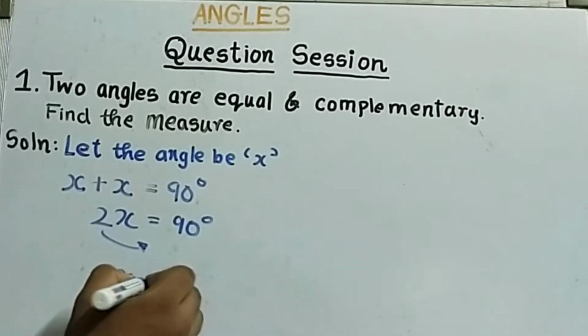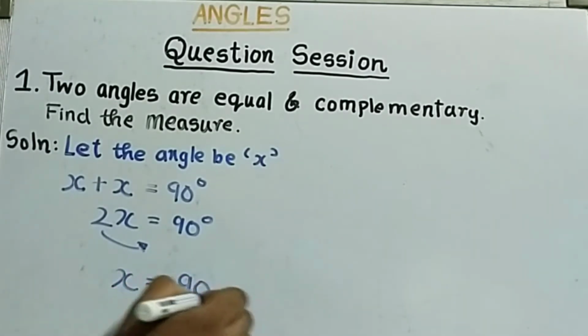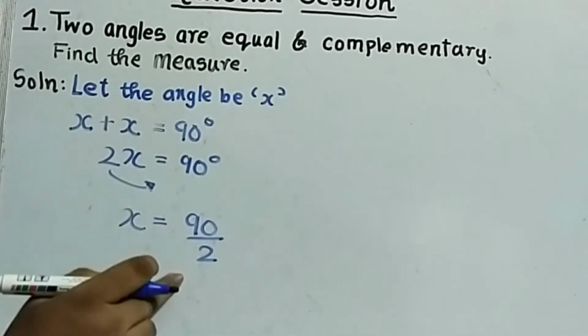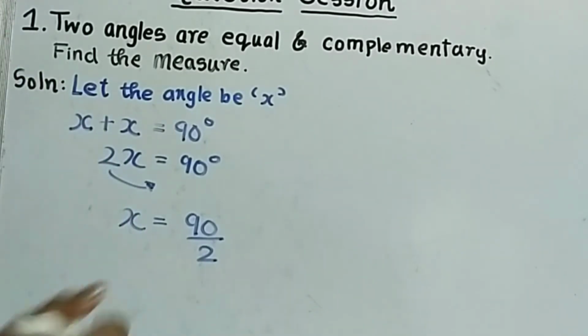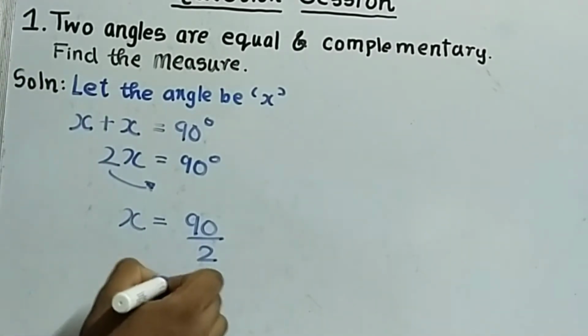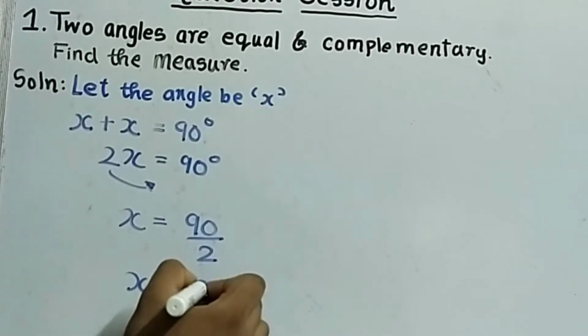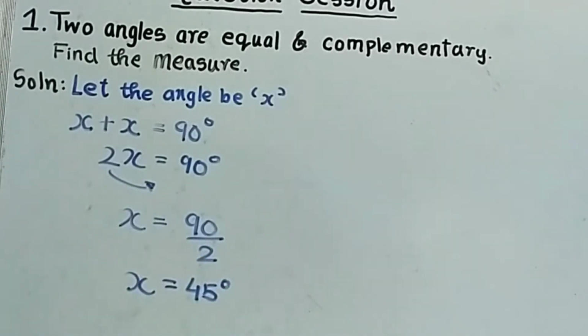So x is equal to 90 by 2. 90 divided by 2 is just 45. So x is equal to 45 degrees. So the measure of the angle is 45 degrees.